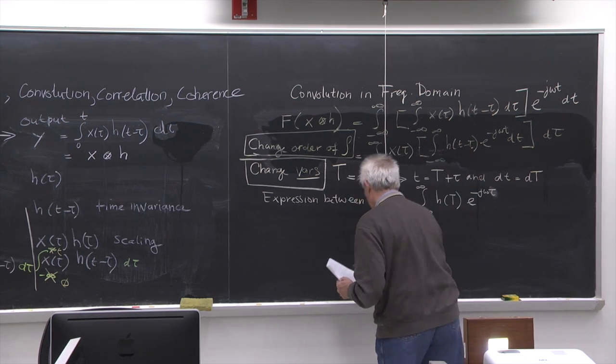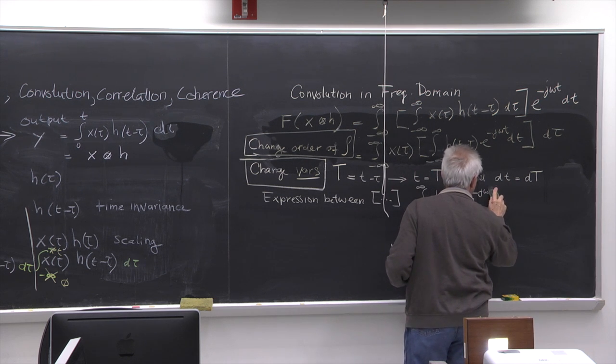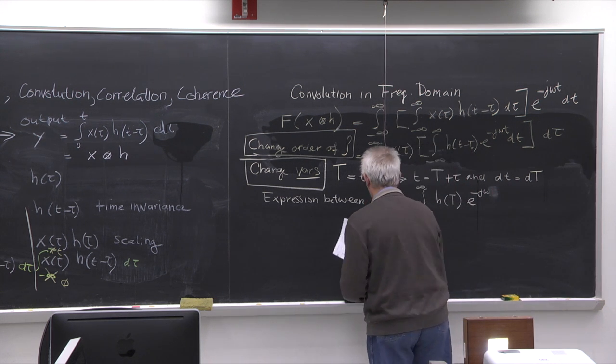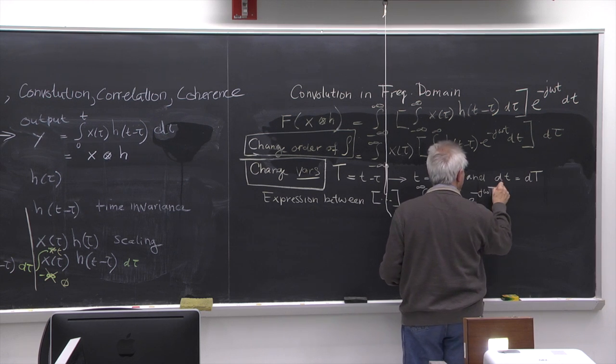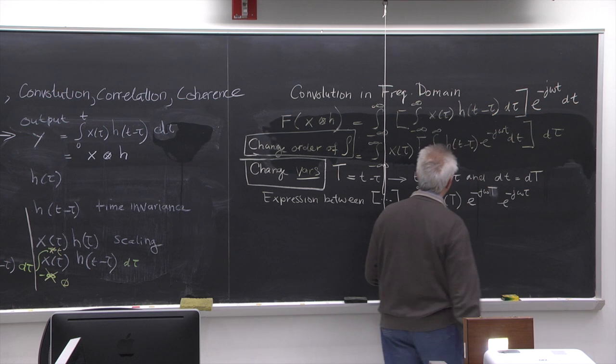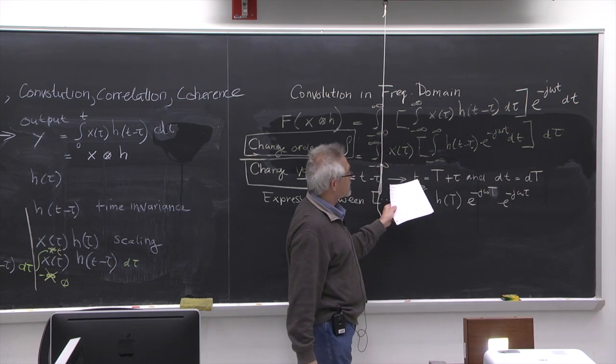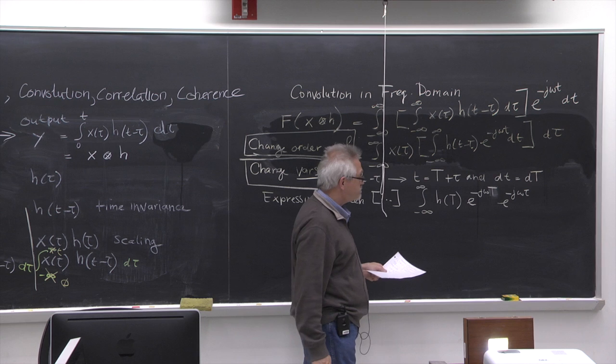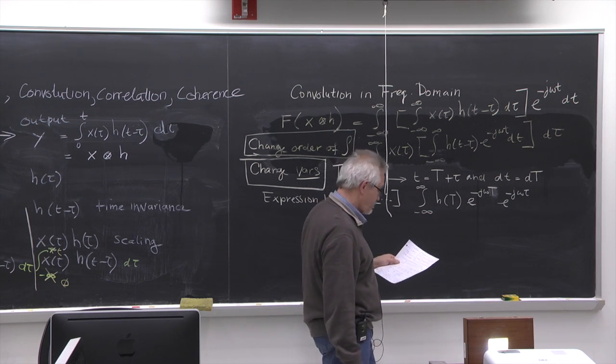Let's do it actually different. That makes it easier. e minus j omega capital T times e minus j omega tau, because the little t was capital T plus tau. And now I'm writing it as a product.